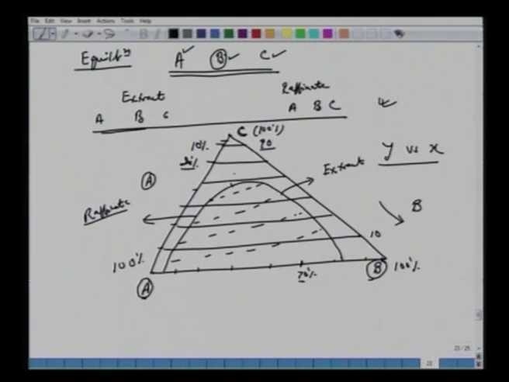Somewhere here you will have plait point P. Okay, so we are starting from here. So instead of a tabular diagram, we are starting with this graphical equilibrium phase diagram, and we would like to mark those points where, how many stages are required, starting from 50% of feed to get down to this 5%.